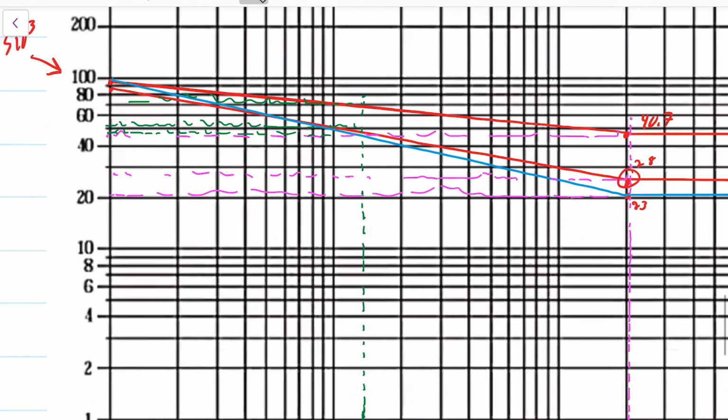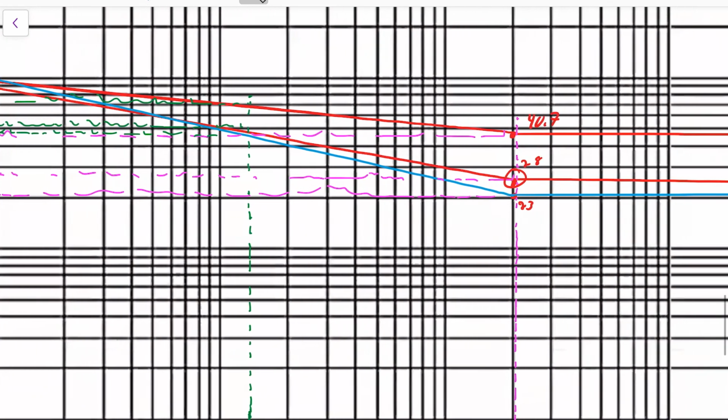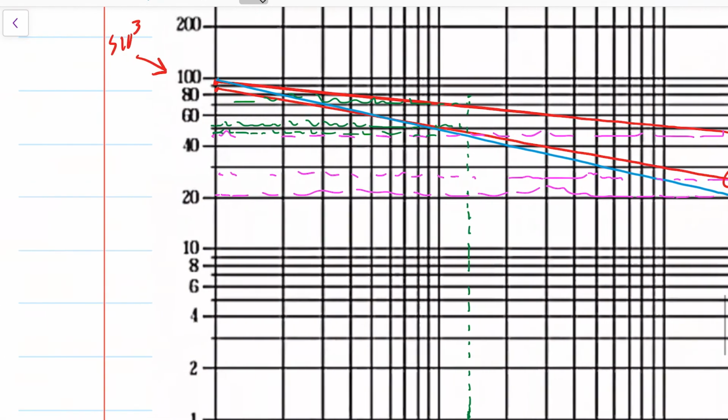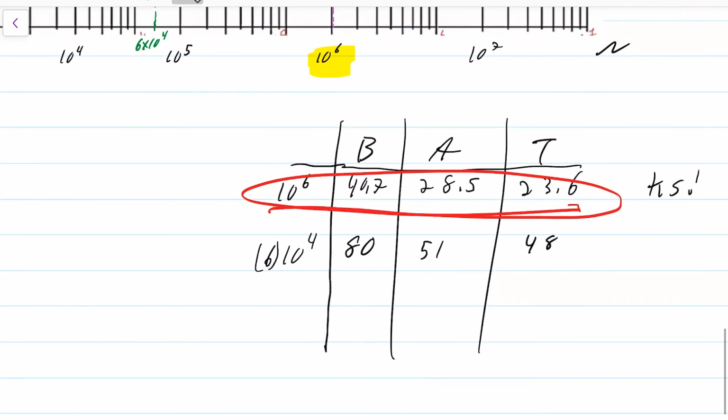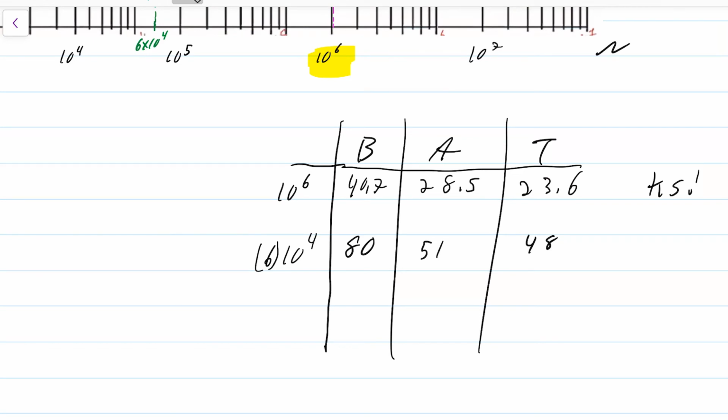Looking at this pink line, we draw all the way up, and where it intersects with the line, we go over, and it's approximately 23. The next ones are 28 and 47. They're pretty much the same values as what we were looking at anyway, so nothing too special about that.